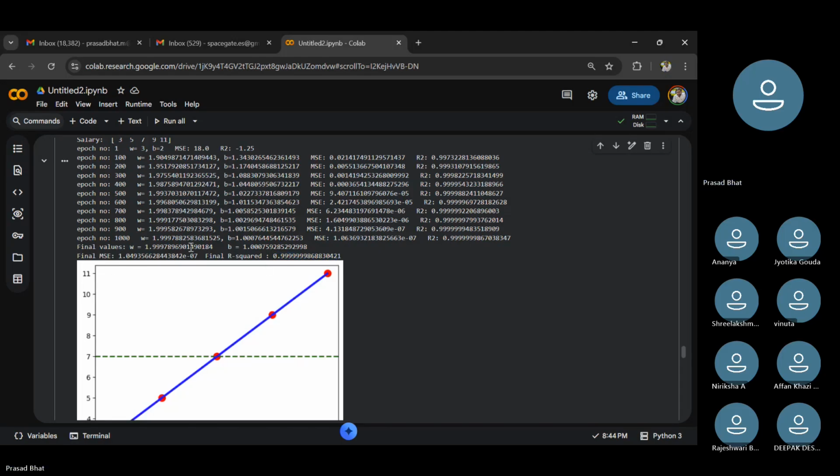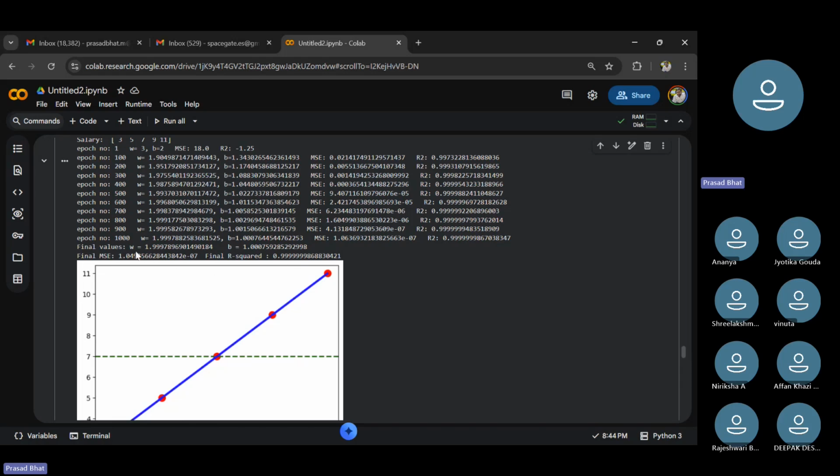Makes sense? So the original value that would have given us full 100% R squared and 0 MSE is actually W equal to 2 and B equal to 1, right? We tried it yesterday. We got 0 MSE and 1 R squared. I hope you remember that part, right?